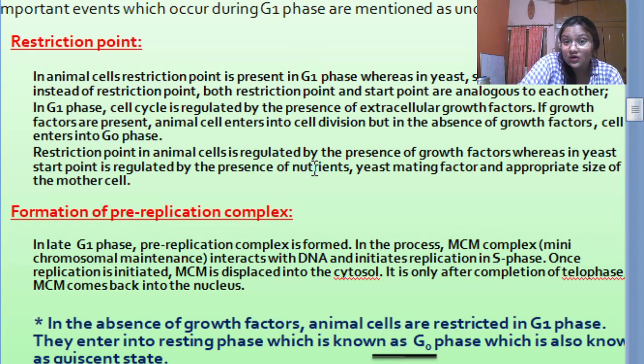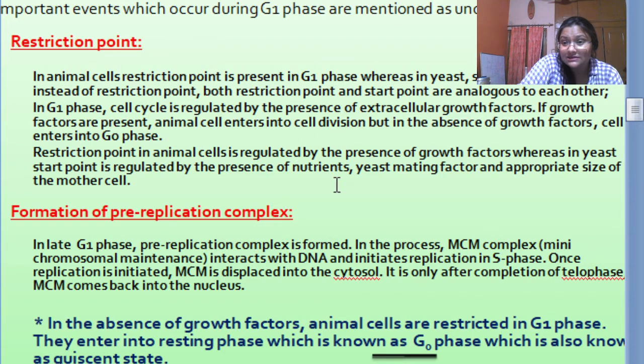But if growth factors are absent, then the cell will not enter the next phase. It will not undergo division. It will rather enter into G0 phase. It is a quiescent phase. G0 phase is a quiescent phase in which the cells do not divide.